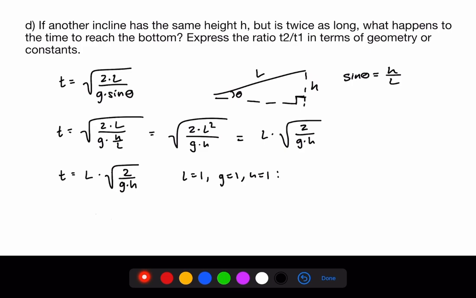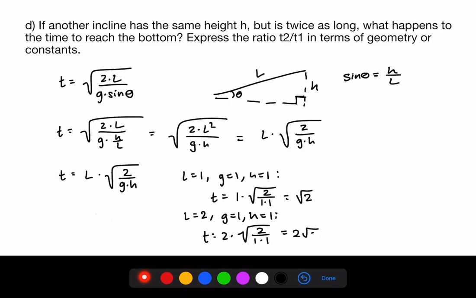So we get that t equals 1 times the square root of 2 over 1 times 1, or just the square root of 2. Now, we want to double our length, but keep everything else the same. So now L equals 2, g equals 1, h also still equals 1, and now our t is equal to 2 times the square root of 2 over 1 times 1, or 2 times the square root of 2. So it has doubled when our length doubled.